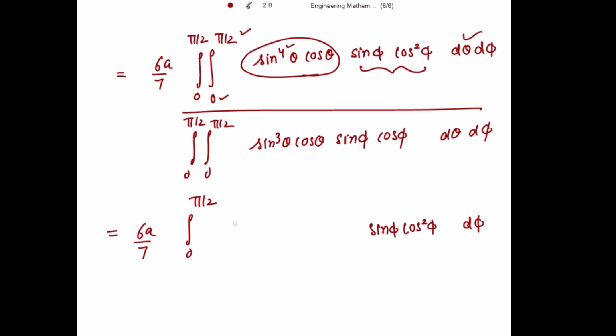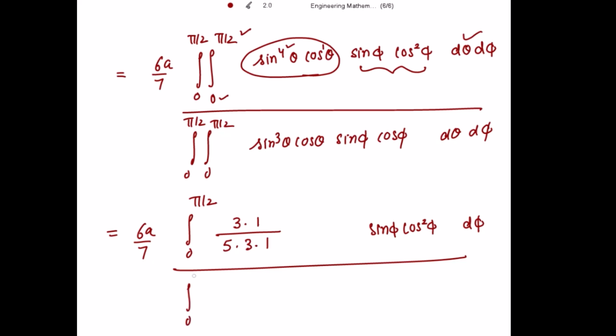So 4 minus 1, 3, then 4 minus 3, 1. We have to subtract until we get 1, right? For cos theta it is 1 only, divided by, just add the powers, 4 plus 1, 5. That is 5, and now we have to subtract the even numbers. 5 minus 2, 3. Then 5 minus 4, 1.